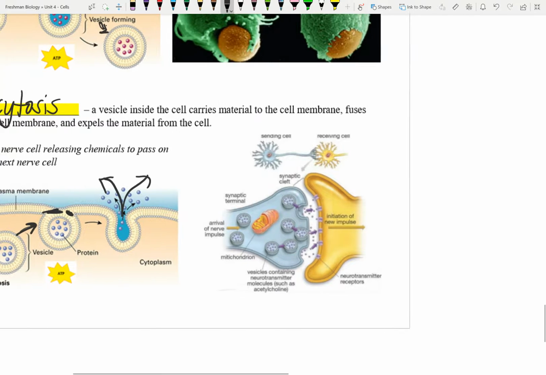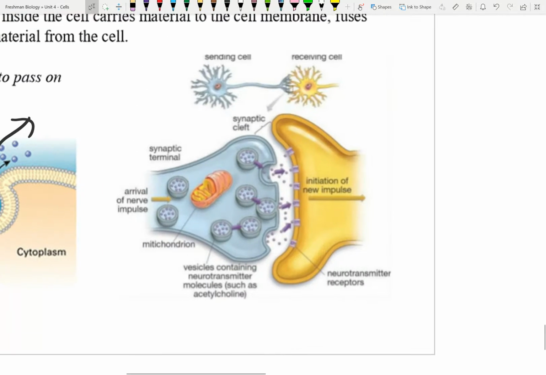An example of this happening in your body all the time is when one nerve cell sends a signal to another nerve cell. So if this nerve cell is going to send a signal to the next one, let's say a signal in your brain wants to communicate with your spinal cord, what happens is at the end of the brain cell, there are these little vesicles that each contain chemical messengers called neurotransmitters, and they have all sorts of names like dopamine and serotonin and endorphins.